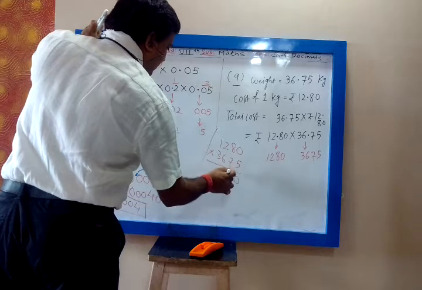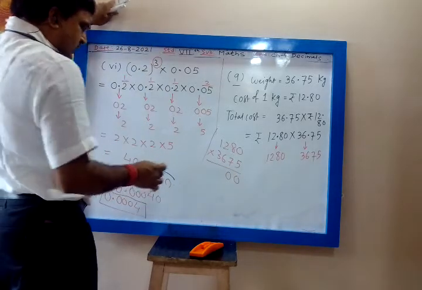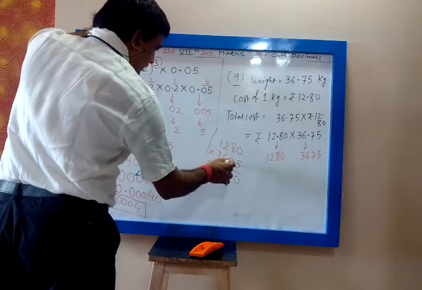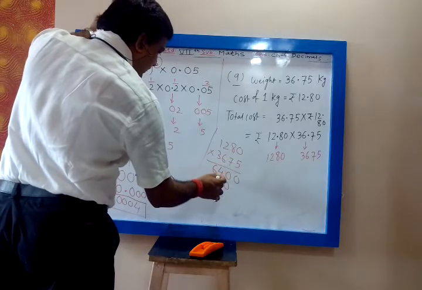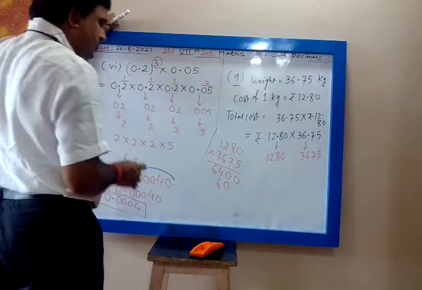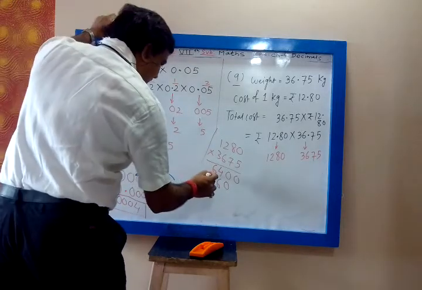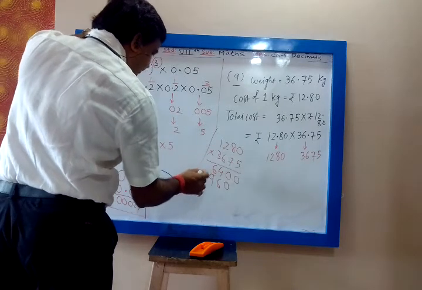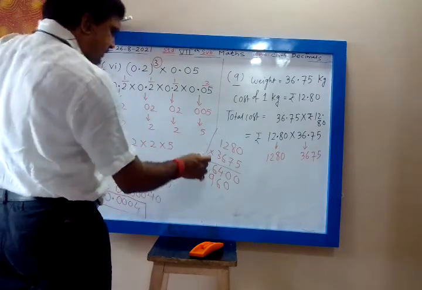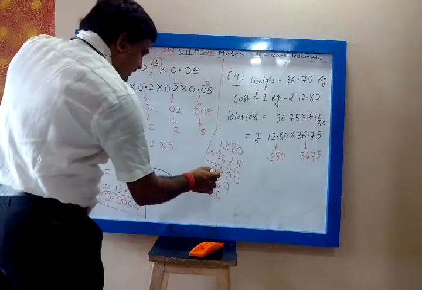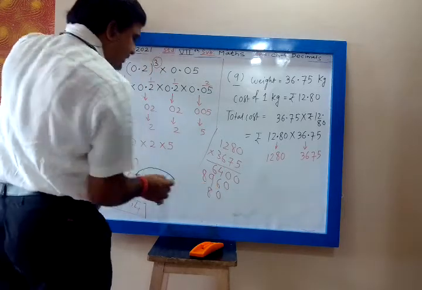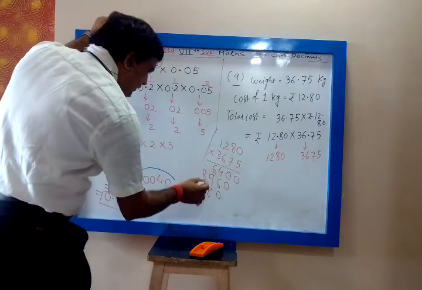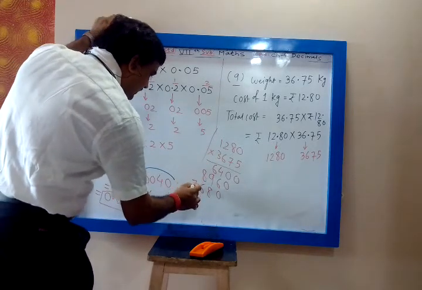Multiply: 0, 5 8s are 40, 5 2s are 10 plus 4, 14, 5 1s are 5 plus 1, 6. Then 7 0, 7 8s are 56, 7 2s are 14 plus 5, 19, 7 1s are 7 plus 1, 8. Then 6 0, 6 8s are 48, 6 2s are 12, 12 plus 4, 16, 6 1s are 6 plus 1, 7.